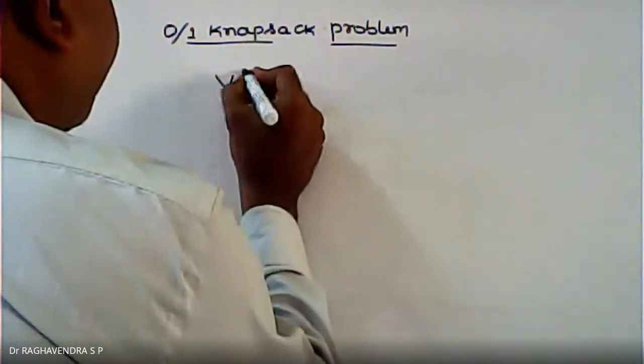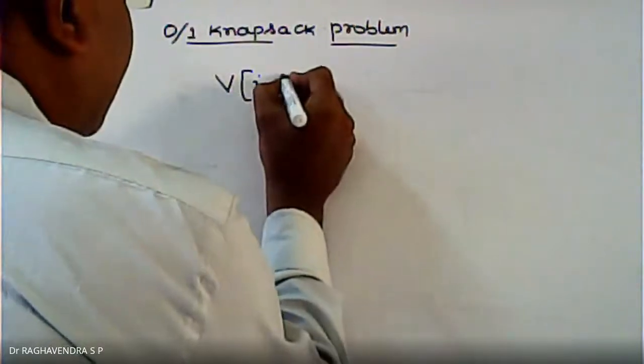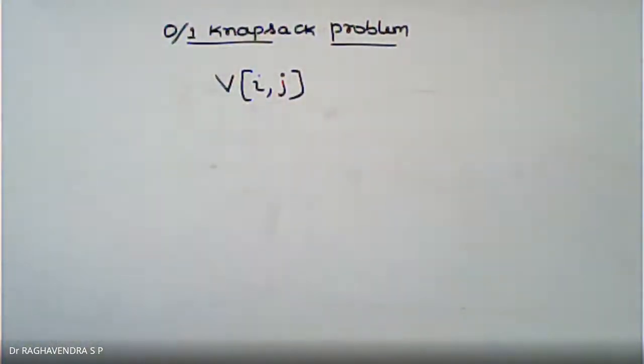Ready? V of i comma j. What is the meaning of this?